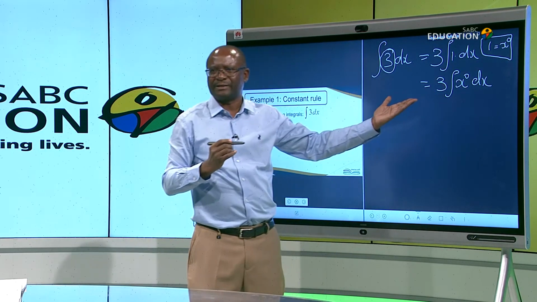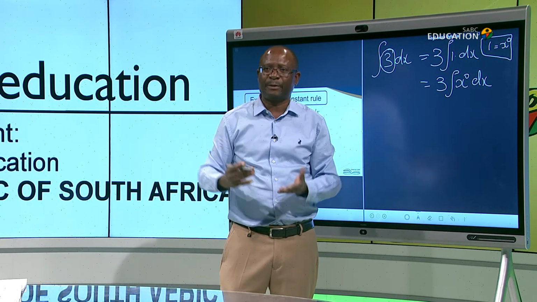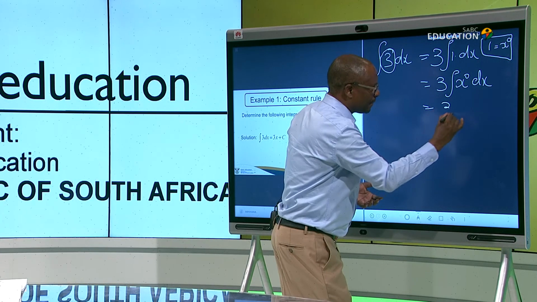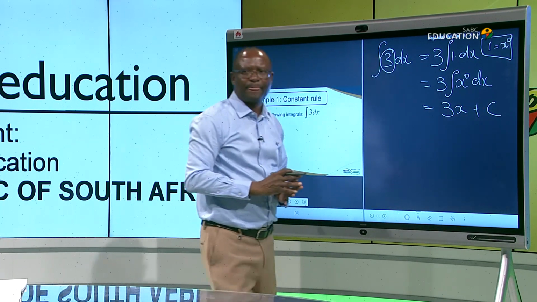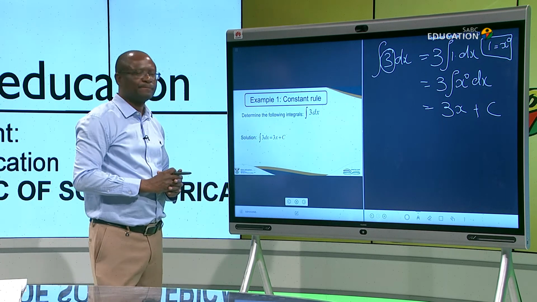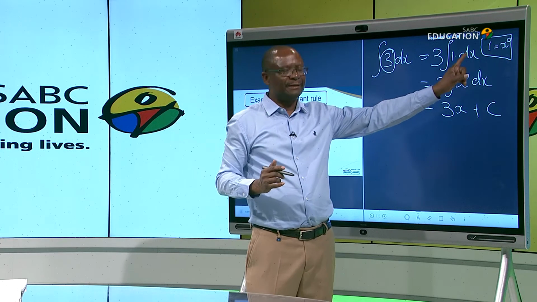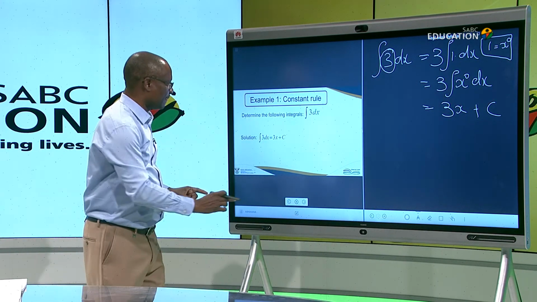Now because our integrand is now in the power form, we can now apply the power rule. Then this will be equal to 3x plus c. That's how it is. Always remember the exponential laws.